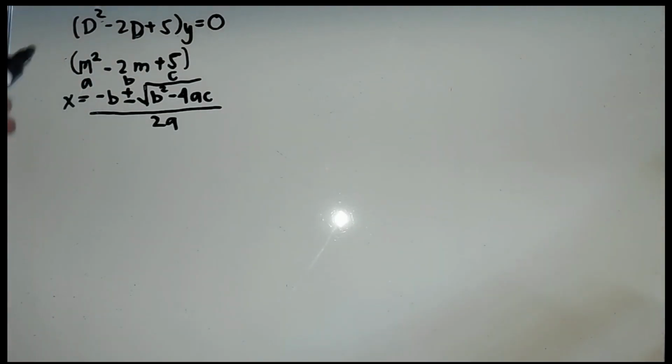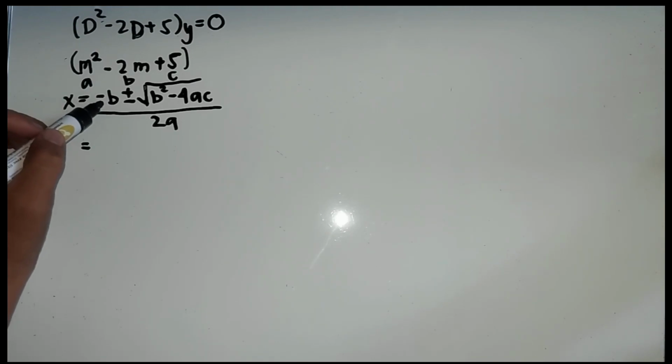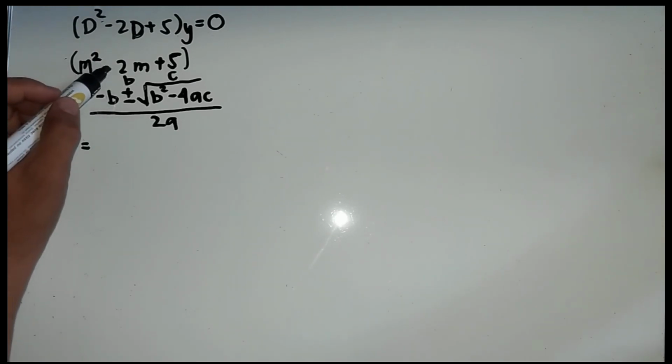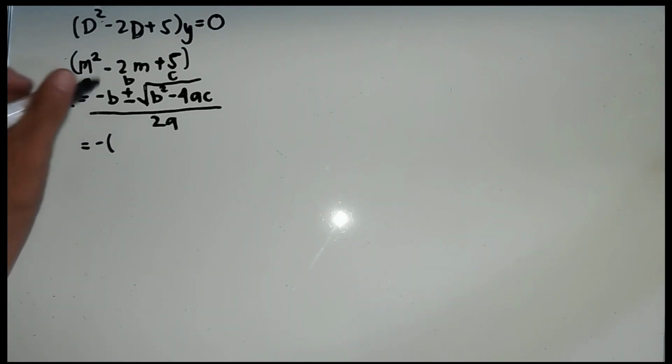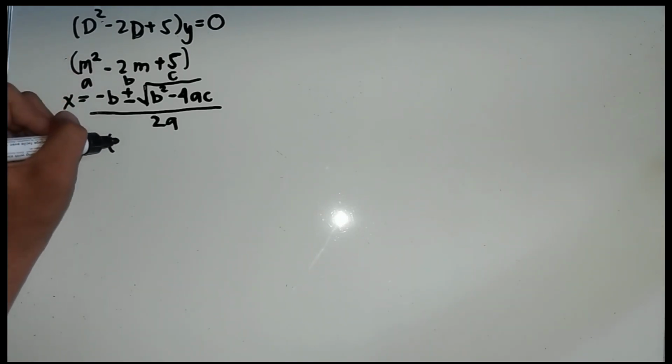We're just going to focus on the coefficients. So we have negative b, and since b is negative 2, this would be negative negative 2.